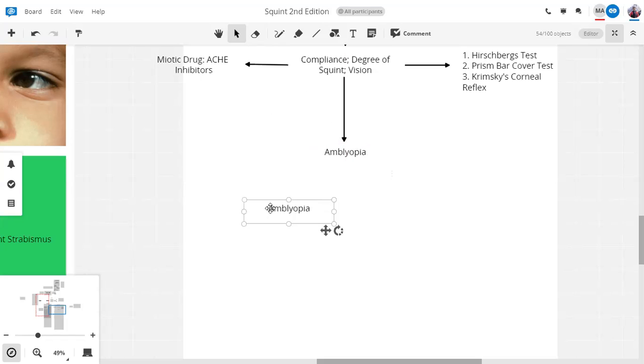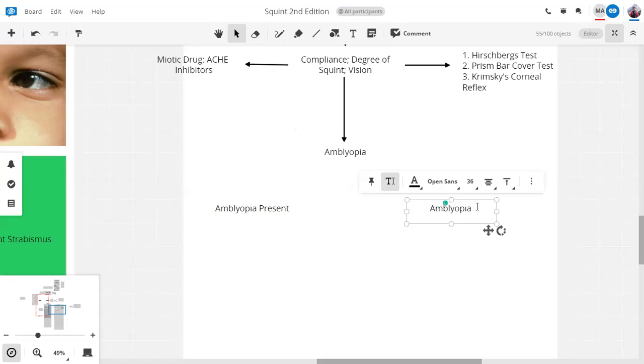So the first thing, amblyopia is present. तब हम क्या करेंगे? Second possibility, दूसरी possibility है ये कि there is no amblyopia, amblyopia absent. तब हम क्या करेंगे? So what should we do when amblyopia is present or when amblyopia is absent?